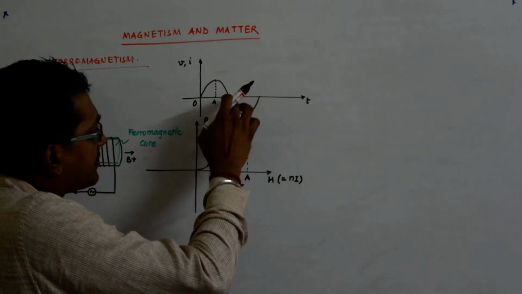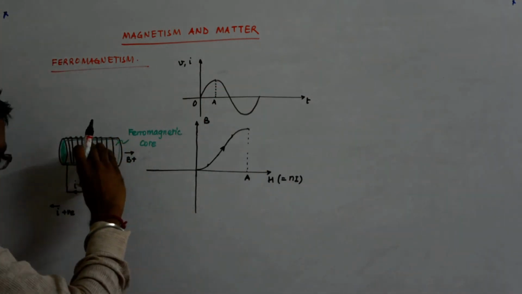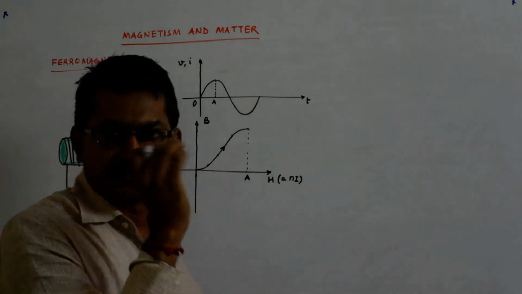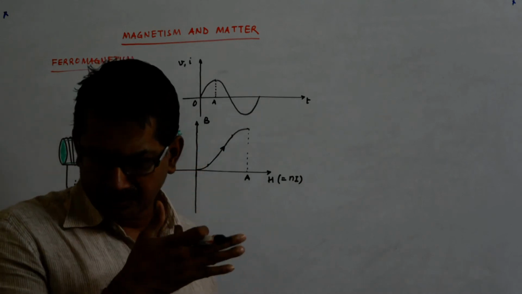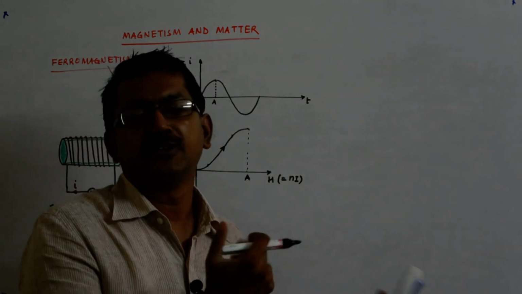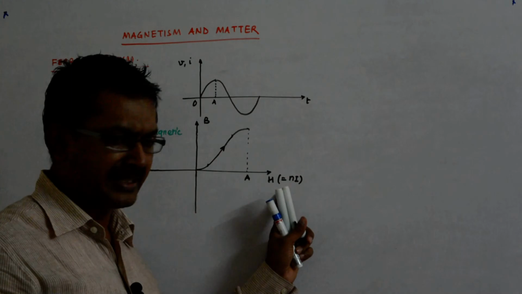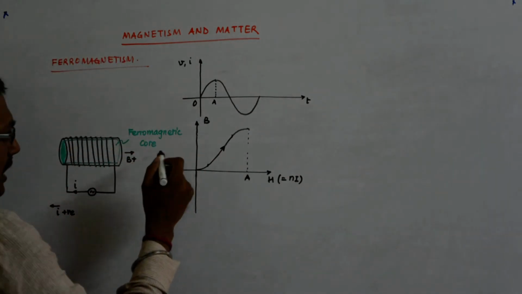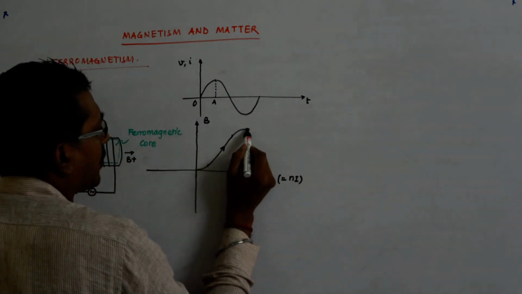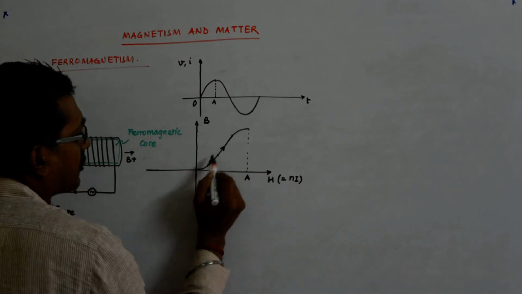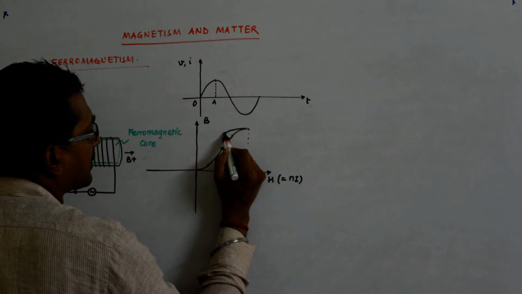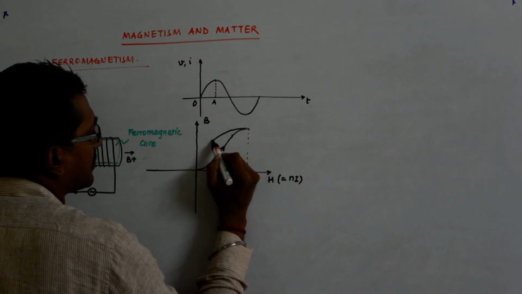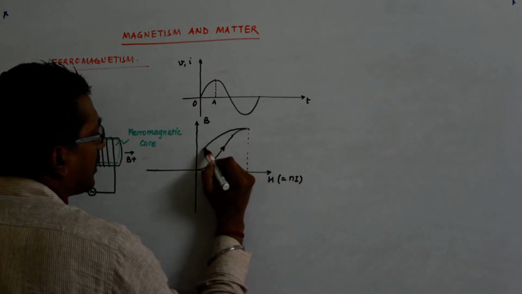Okay, now I start reducing this current. That means the forcing field that had made all the domains line up in one direction, that force, which is Ni, I am reducing. Now, if I start reducing it, the wonder of wonders is it does not come back on this path, but rather it starts following this path.